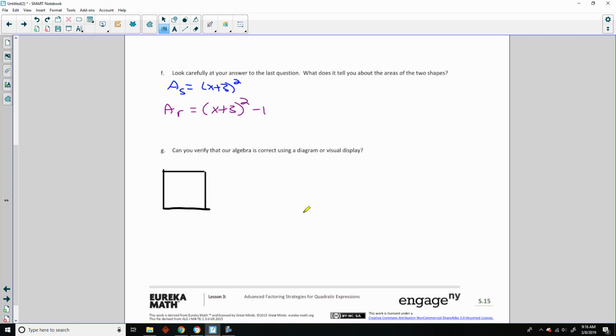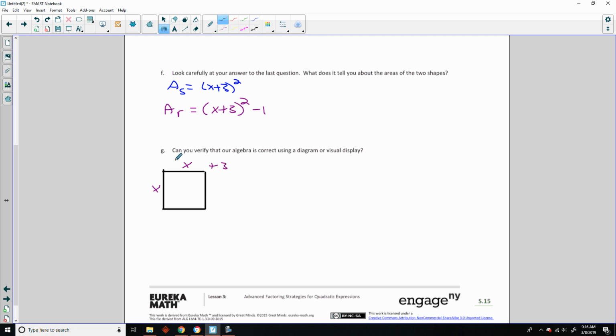There we go. Got to draw faster, I guess. Okay, so this is x. Let's go back to my other pen. This is x by x. Okay, but then I need a plus 3.